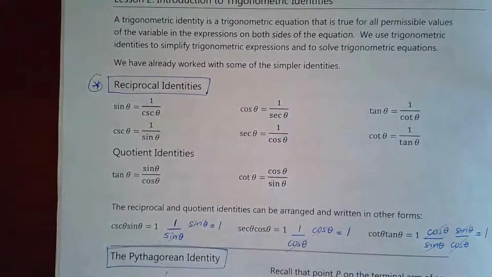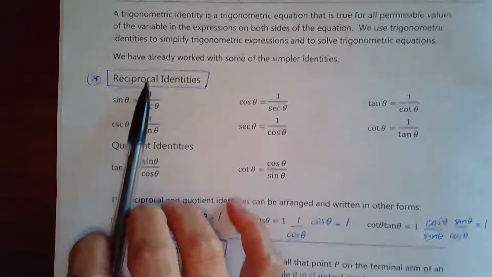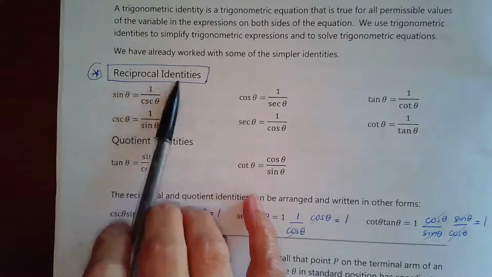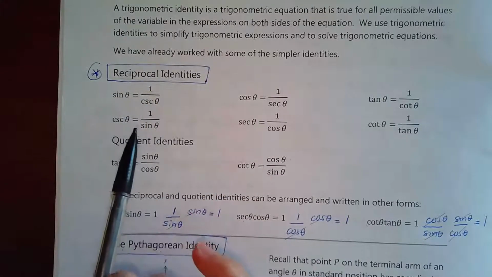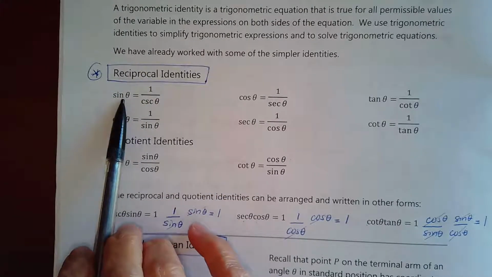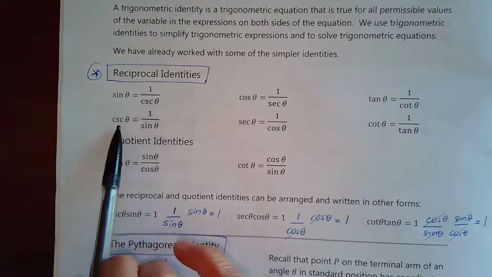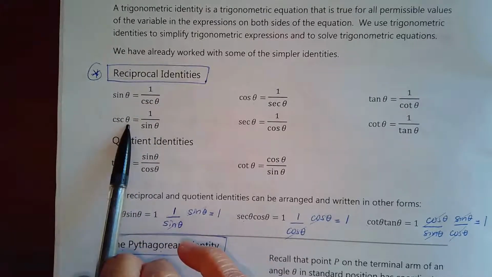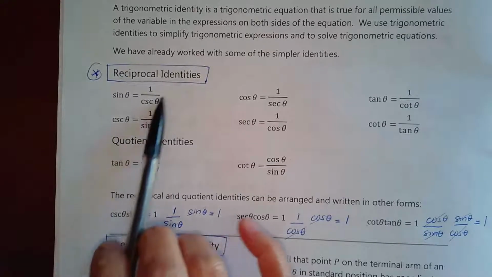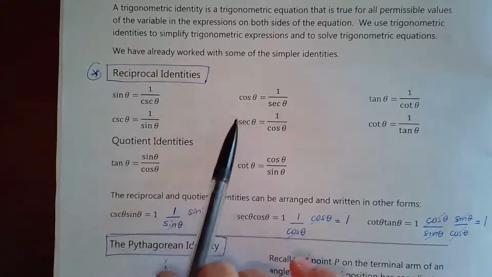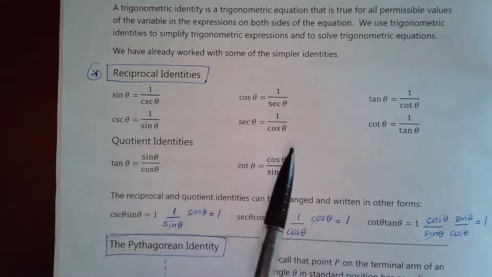So we looked at the reciprocal identities. When we see sine theta, we can write it as 1 over cosecant theta. If we see cosecant theta, we can rewrite it as 1 over sine theta. We're going to see some of these later on.